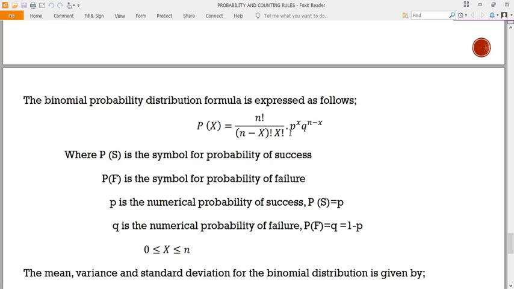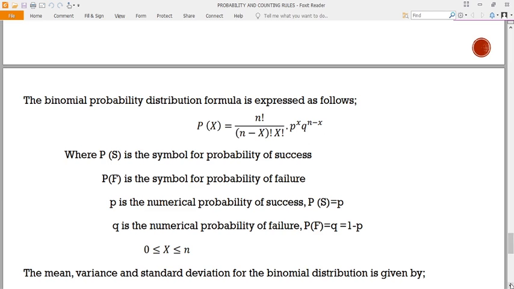Remember, complement is what is not in this set. So if our success is P, the complement will be Q. Or if our success is P, then the failure will be Q. So when we want to calculate a binomial probability distribution, we shall be using this formula.